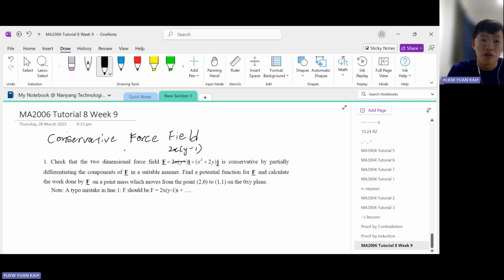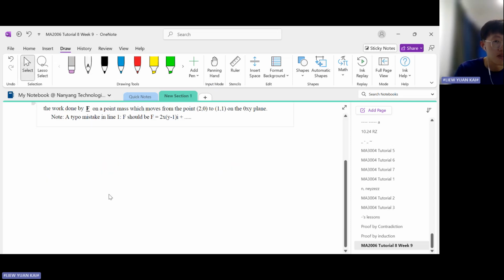So what does it mean to describe a force field as conservative? Here's the definition of a conservative force field. Let me write down the definition first.